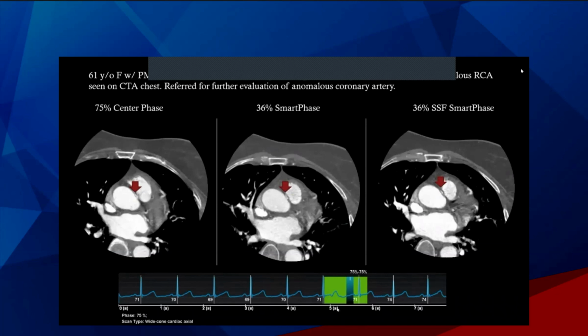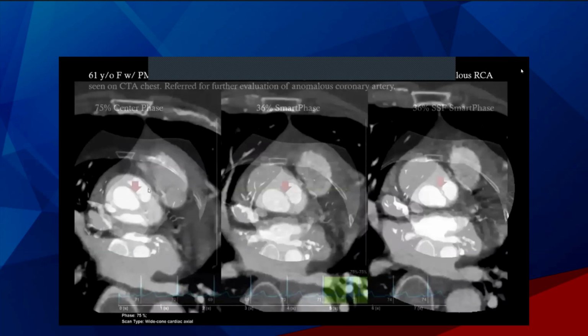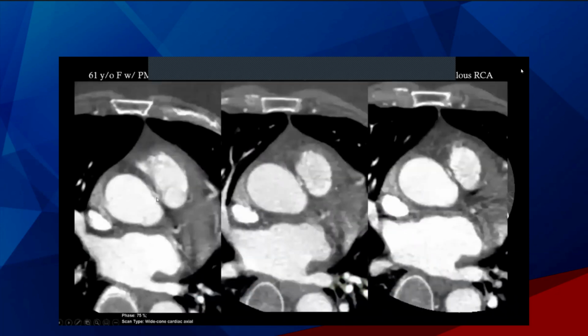You can see that the patient heart rate was slightly on the higher end, 71 at the time of the acquisition. A closer look at the right coronary artery. You can see the vessel is coursing between the aorta and the pulmonary artery, and appears significantly blurred on the center phase 75% acquisition.